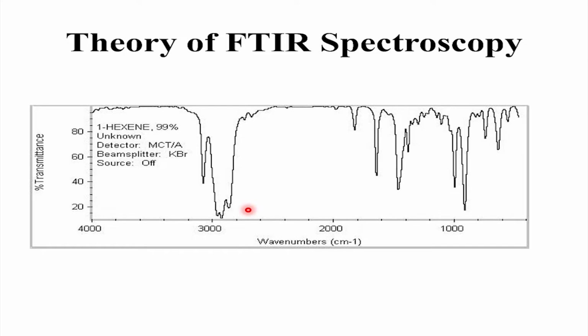But carbon hydrogen can exist in three different hybridizations, so we are getting three absorption bands. This tells you that if there is any small change in the bond strength or the mass, we can identify that in FTIR spectroscopy. So you will be able to identify isotopes in FTIR spectroscopy.